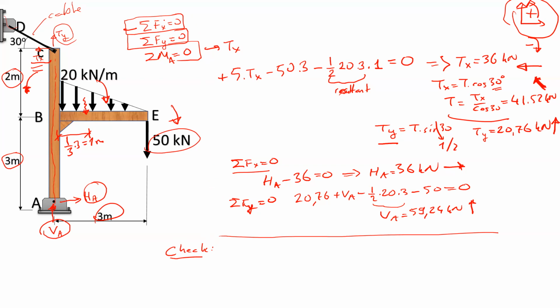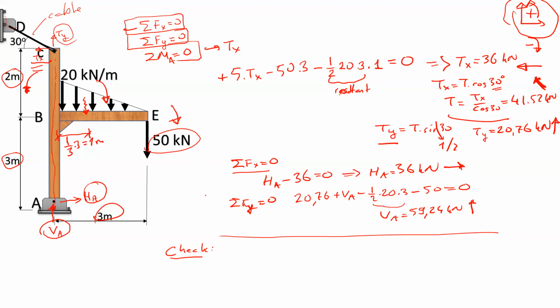We have used sum of the forces in x direction, sum of the forces in y direction, and sum of the moments around point A, but we didn't use sum of the moments around another point. It's not rotating around point A according to our solution, but if we make sure that it's not rotating around another point, then we can be sure that our solution is completely correct.